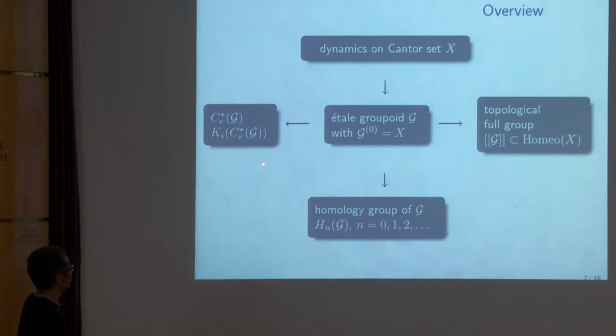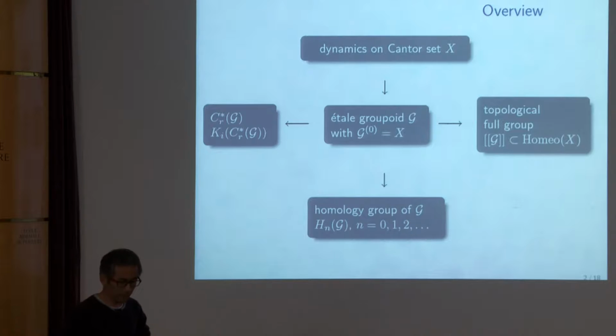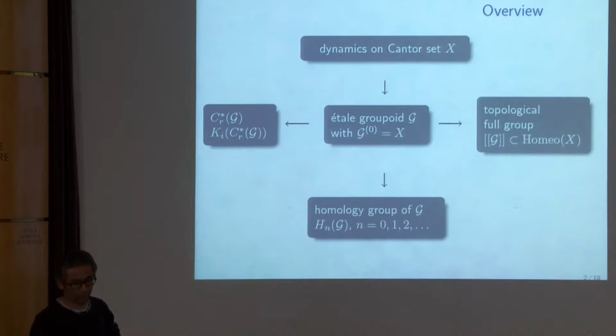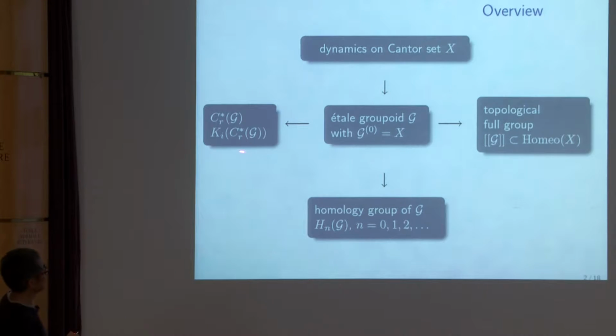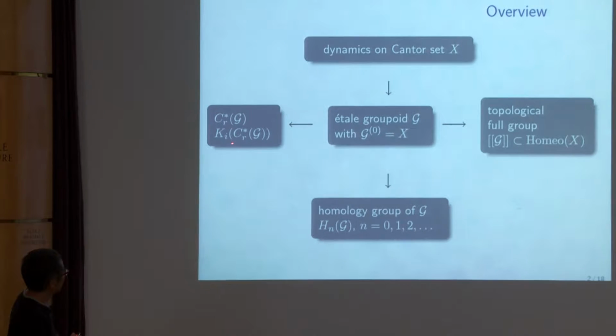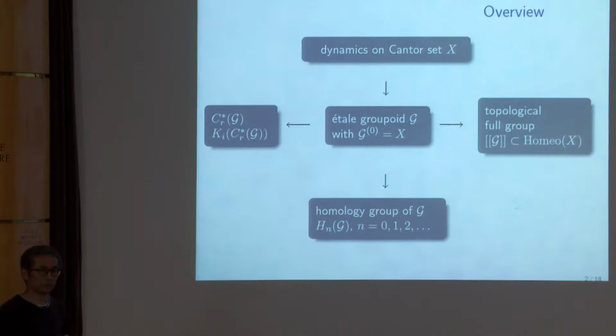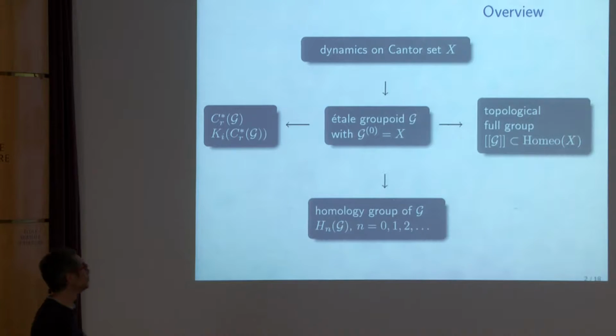First, I can construct the groupoid C-star algebra. Originally, I'm working on operator algebras, so this is my hometown. For a C-star algebra, we can consider its K-groups, the K0 group and K1 group.